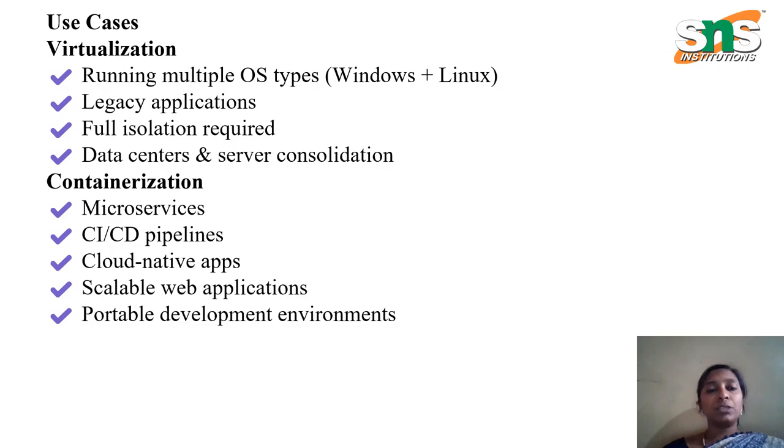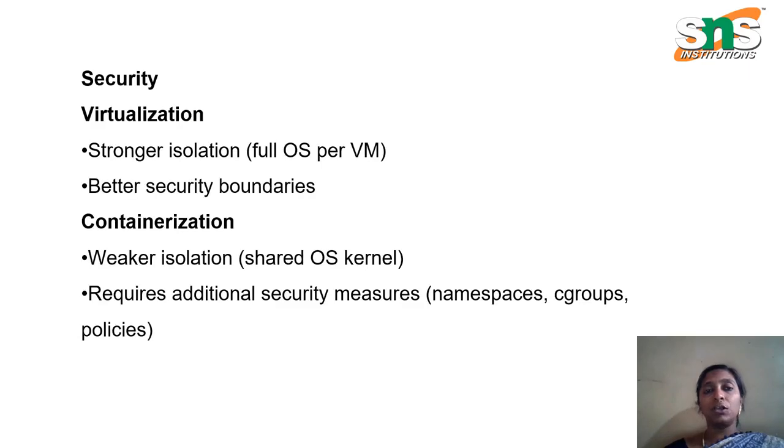The use case of virtualization is running multiple OS types, for example Windows or Linux, legacy applications, full isolation, secure data centers, and server consolidation. Containerization is used in microservices, CI/CD pipelines, cloud native applications, scalable web applications, and portable development environments.